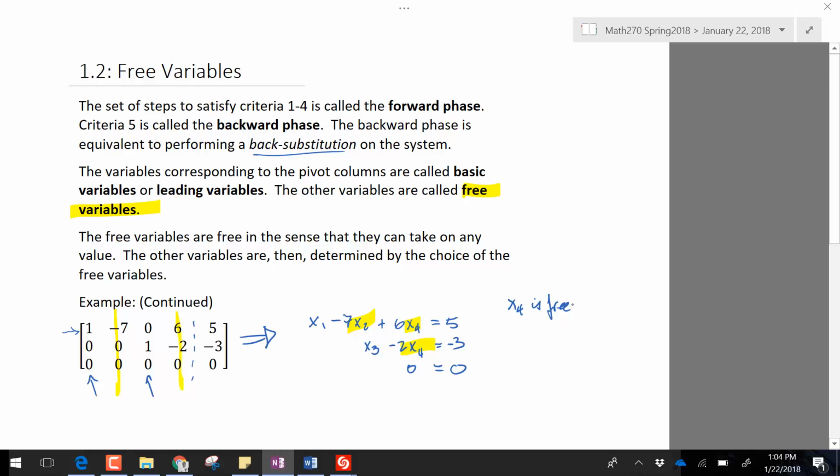Or you can choose another variable like t. Let's just say x4 is free. And now, back solving, we get x3 is equal to minus 3 plus 2x4. And since x4 was free, we don't have a specific value for x4 to put in there. We'll just keep it as x4.